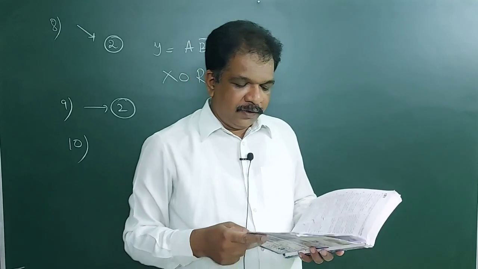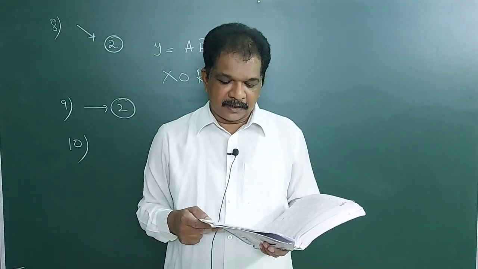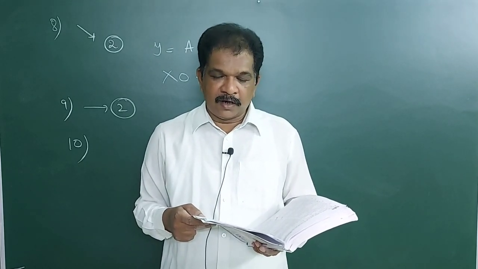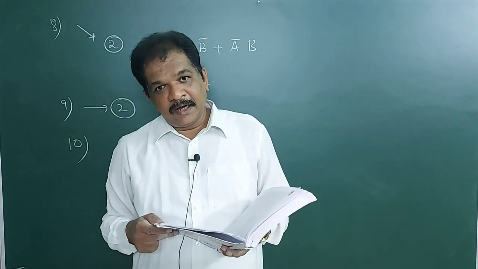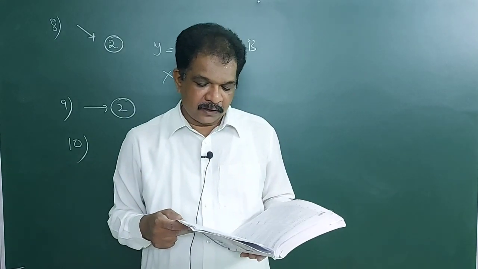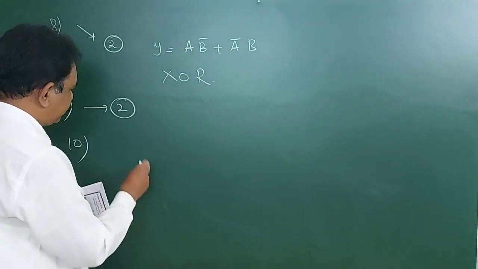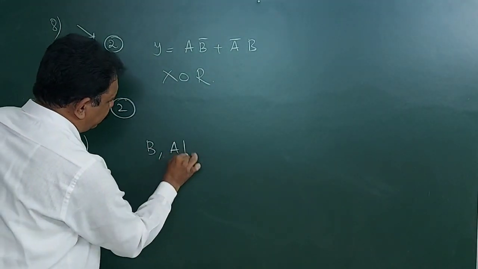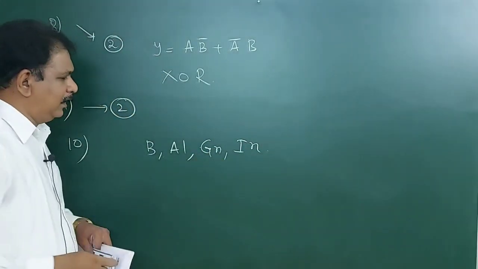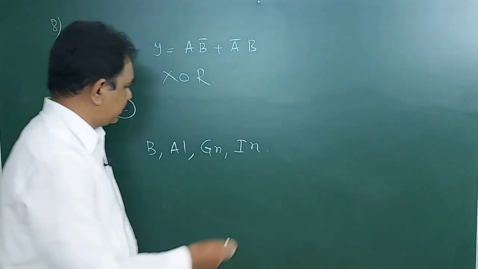Which of the following statements are correct to obtain p-type semiconductor? P-type semiconductor to form what to do? Either silicon or germanium are doped with boron, aluminum, gallium, indium, we will get p-type semiconductor.